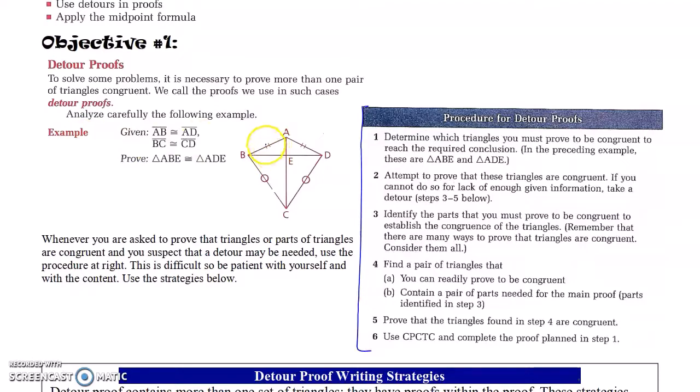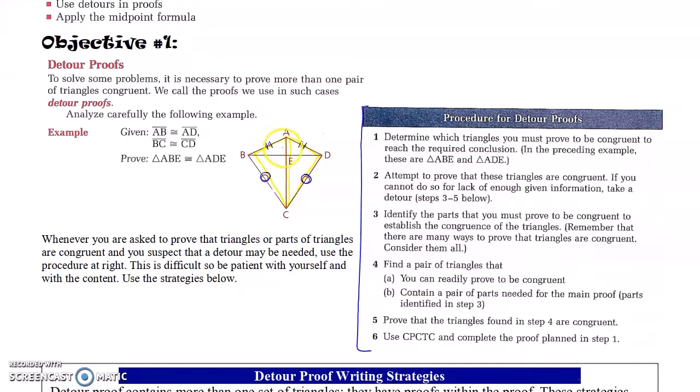So here we're given AB is congruent to AD and BC is congruent to DC, but we need to prove triangle ABE is congruent to triangle ADE. We can't do that with the current information. What we can do is call AC reflexive, and then we can say triangle ABC is congruent to triangle ADC.